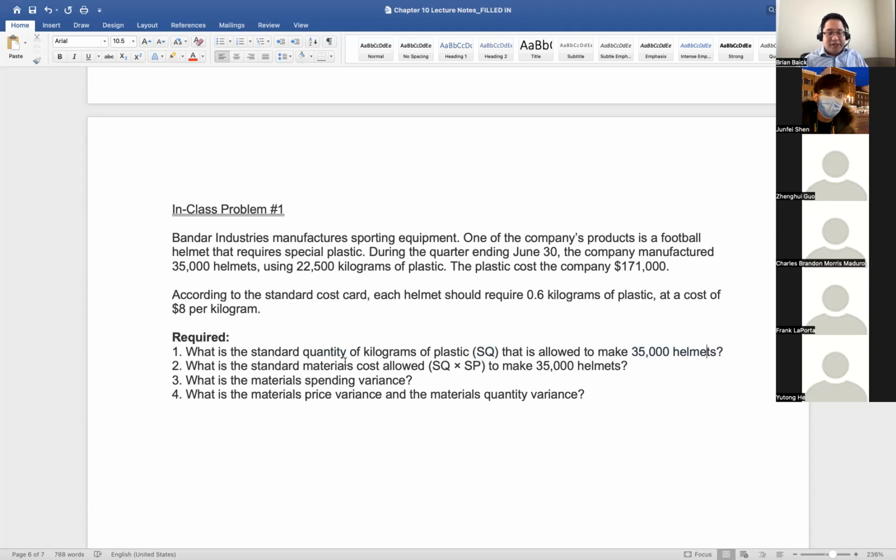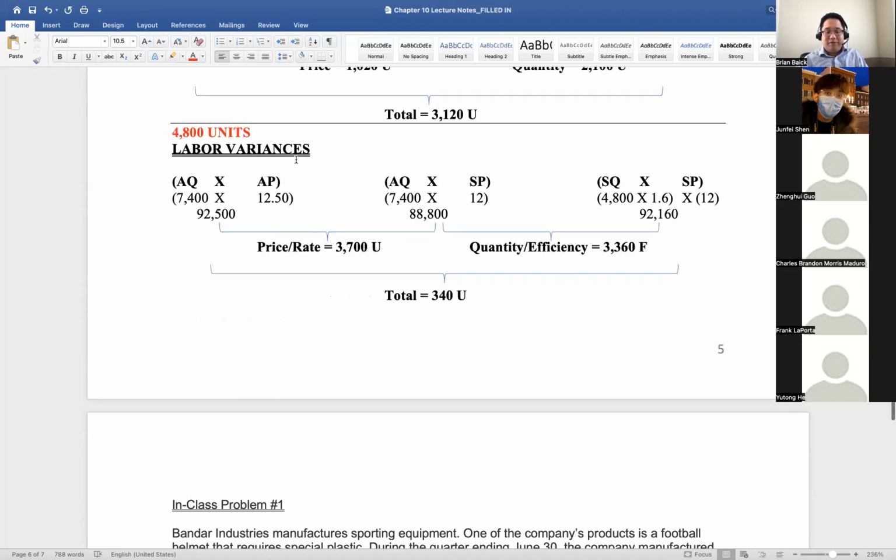What is the standard material cost allowed? What is SQ times SP? What is the materials spending variance? What is the materials price variance and quantity variance? I have an idea. I bet you that if we do this, we can figure out all the answers. Let's do that.